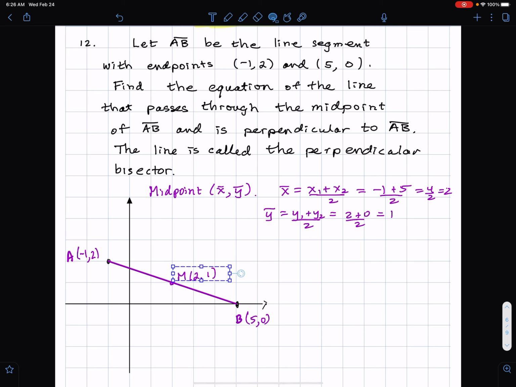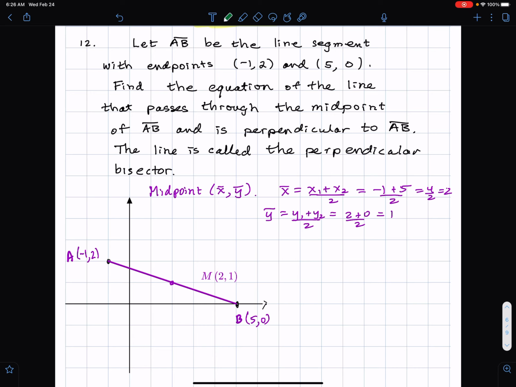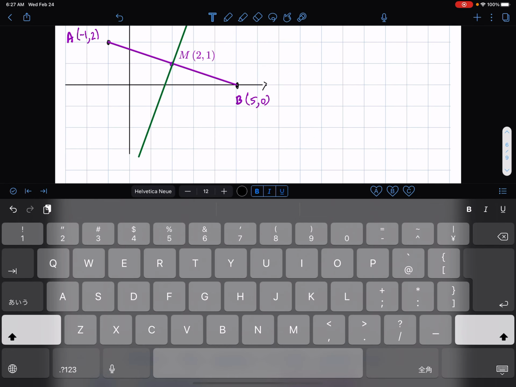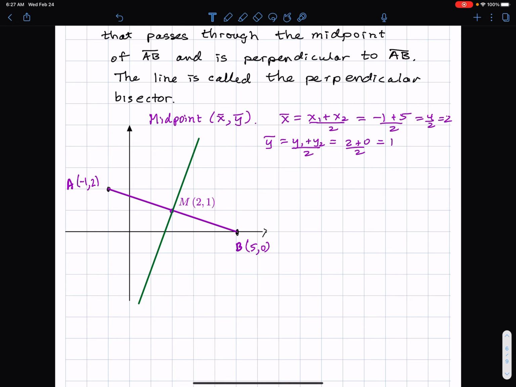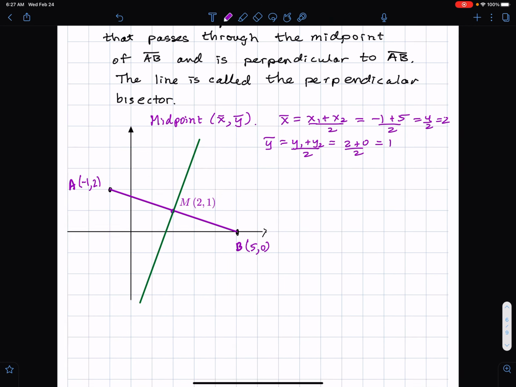Now what we want is to draw a line through that point that is perpendicular. So let's find the slope of this line AB, of this segment.